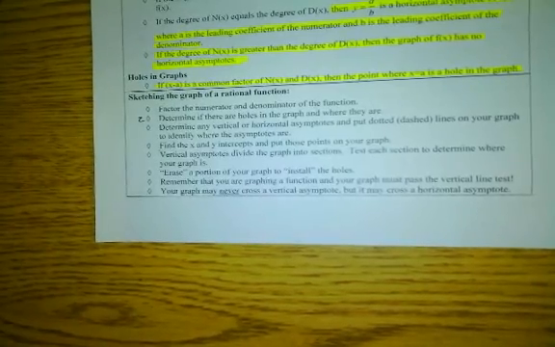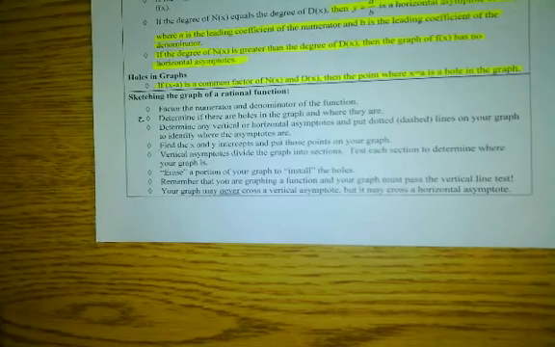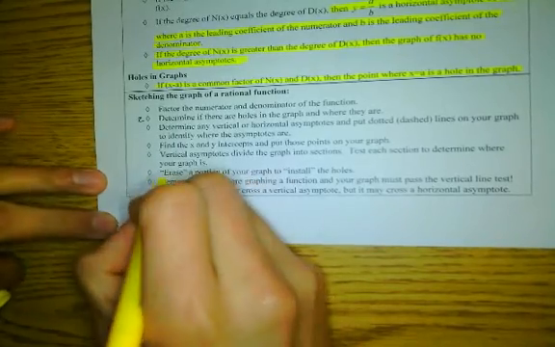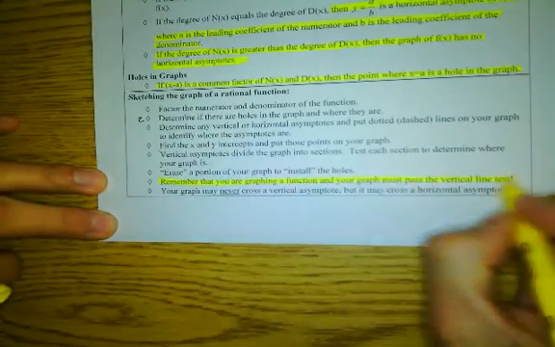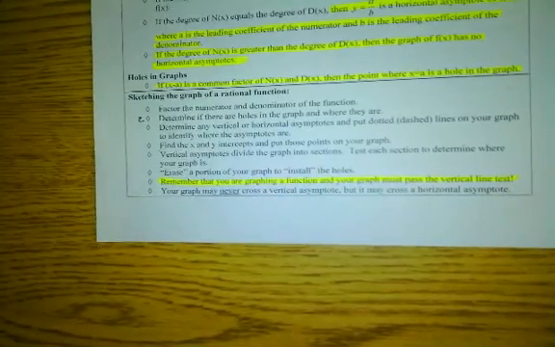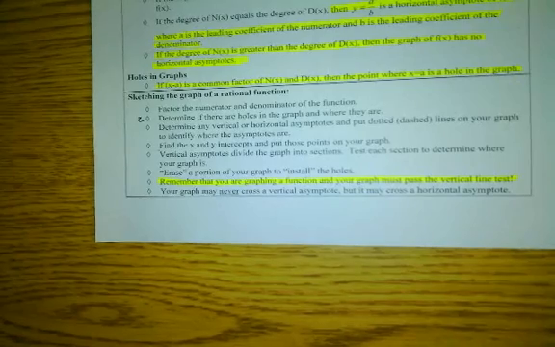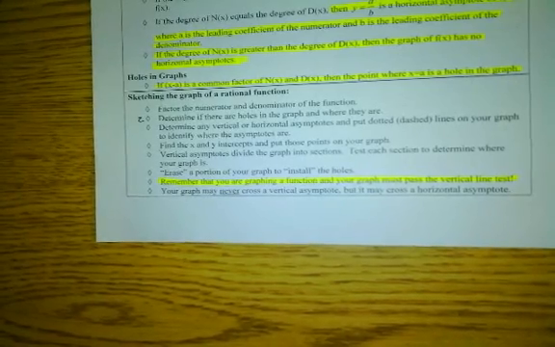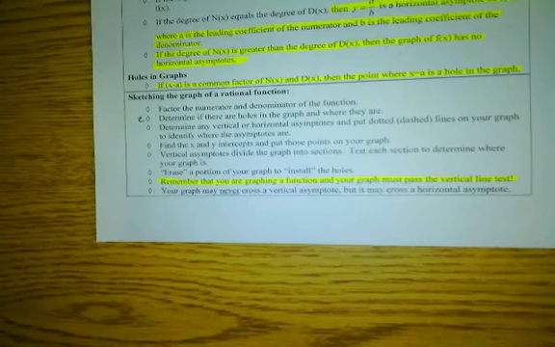Most importantly, I want you to highlight this. Remember that you are graphing a function. You must pass the vertical line test. If you're done with your sketch and you can't pass the vertical line test, you must have done something wrong. And this may be new to some of you.